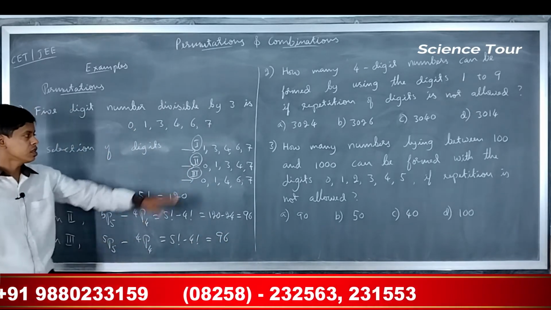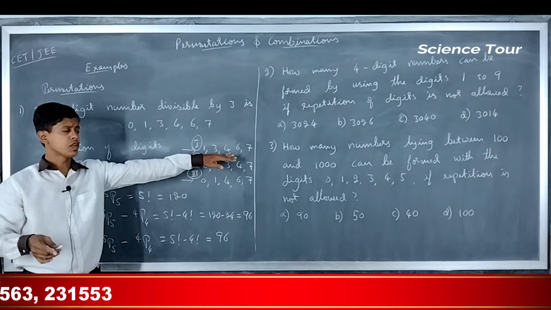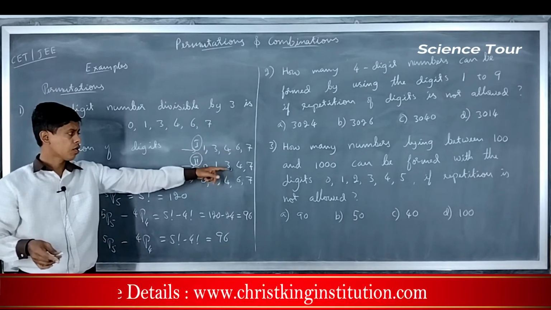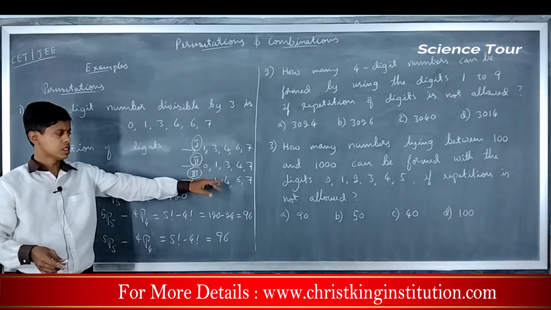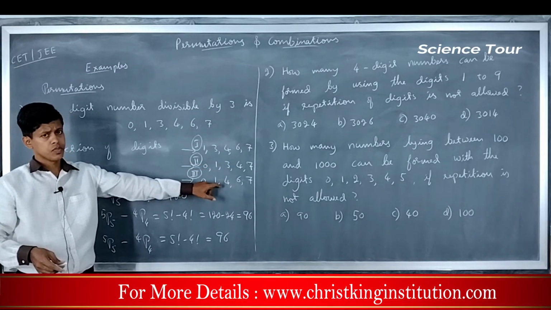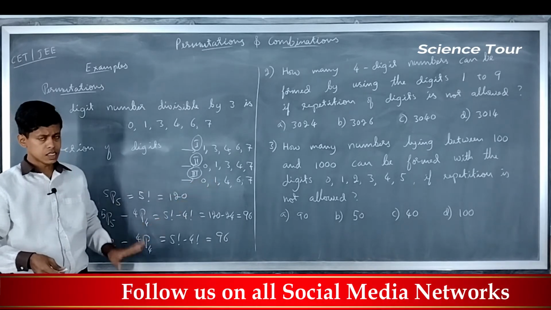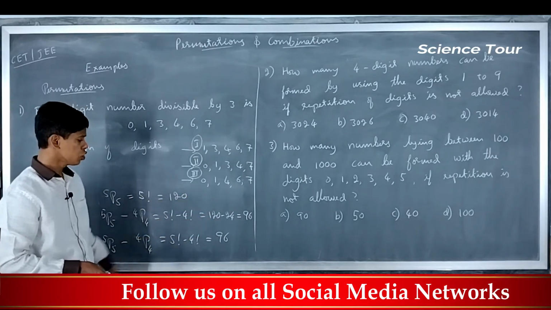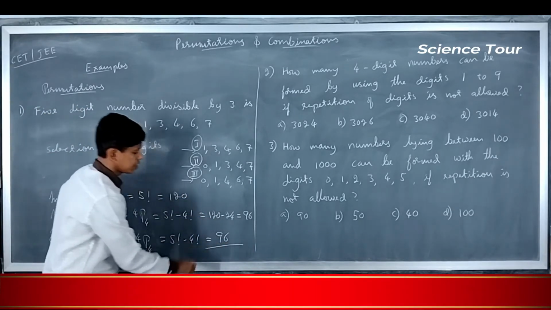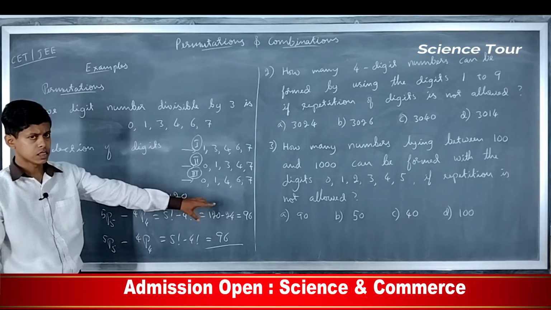Now either you have a number with these digits, or you have a number with these 5 digits, or you have 5-digit numbers having these 5 digits. All right. So that is 'or' in between. So you got to add them. So 96 plus 96.